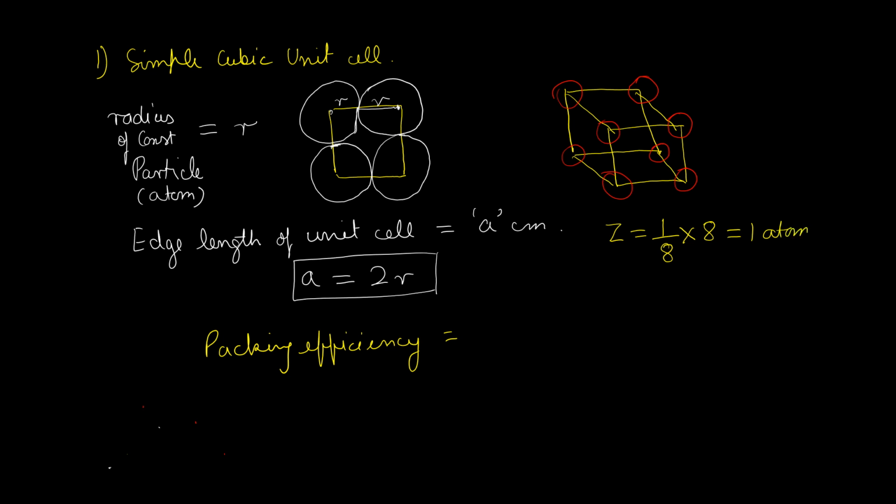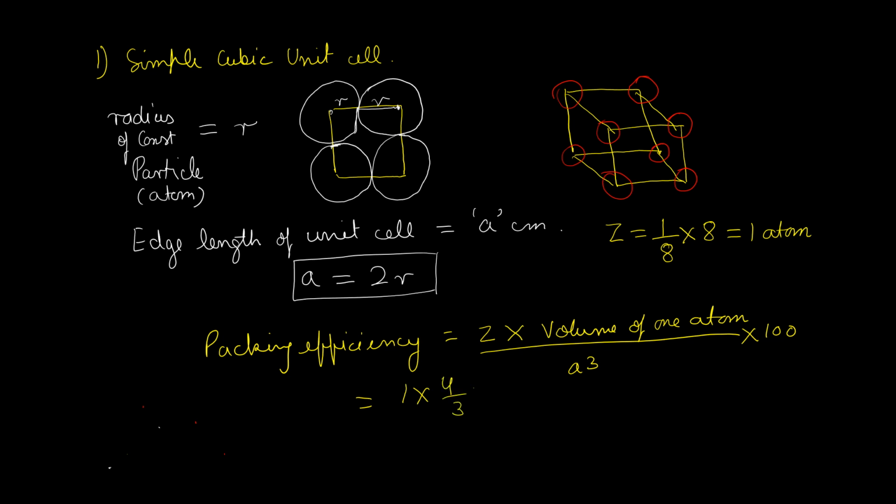So in case of simple cubic unit cell, Z equals 1 atom, meaning the volume occupied is equal to the volume of one atom. So Z equals 1 into volume of one atom, upon the volume of unit cell, into 100. Now Z in this case is 1. Since the constituent particle is spherical, the volume would be 4/3 pi r cube.